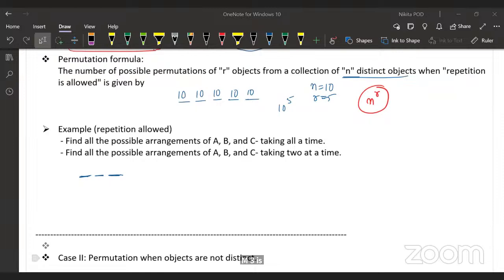And what about the second one? 3 square.